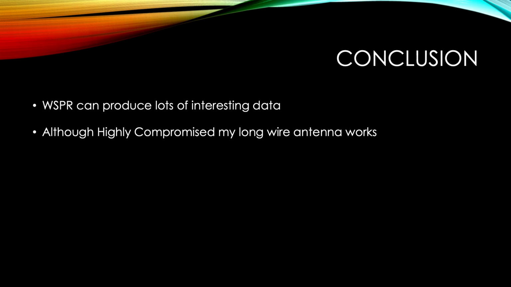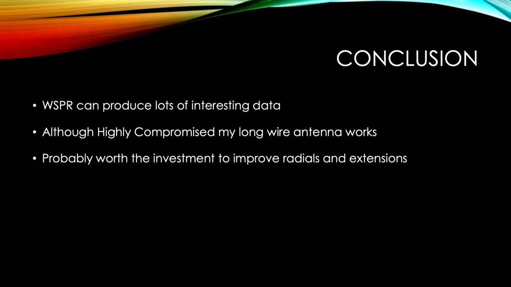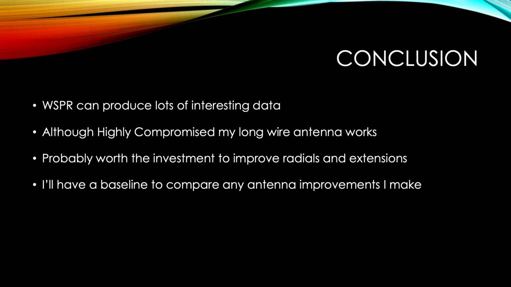It's probably worth an investment for me to improve this, especially improving the radials and the extensions, taking those extensions out and putting a single cable or single wire all the way across. And I'll be doing that this summer. The data that I've gathered is going to be very useful as I look at other antenna installations. So I will probably this summer also install an off-center fed Windom that is set for 80 meters.